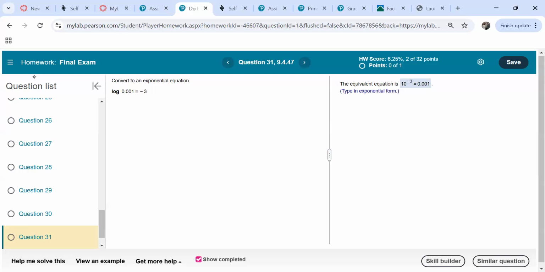So for our logarithm, we're going to convert this logarithm to an exponential equation. So if you remember, we have this relationship that if we had log base a of x equals y, that was the equivalent of saying that a to the y equals x. So we don't have a base listed here.